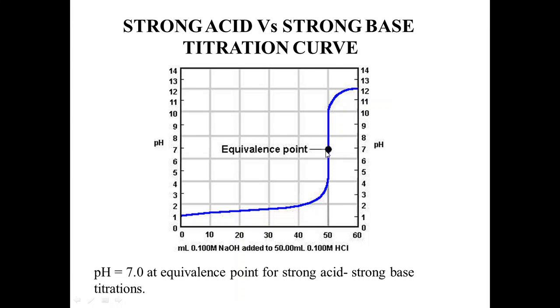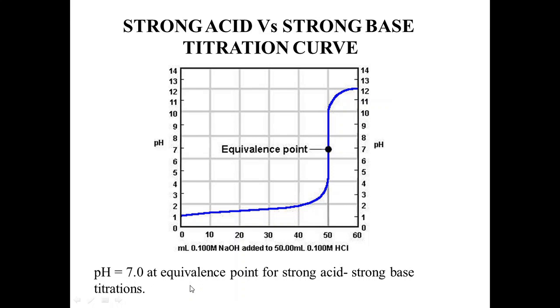At the equivalence point, when there is complete neutralization of the acid by the base, the pH is 7, and beyond that there is a sudden rise, and then a gradual increase in the pH of the solution. So from this titration curve, we can make a note that the pH at the equivalence point is 7 for a strong acid, strong base titration.